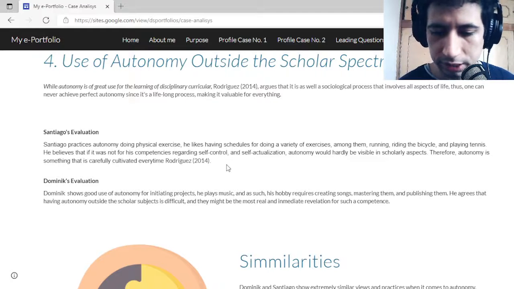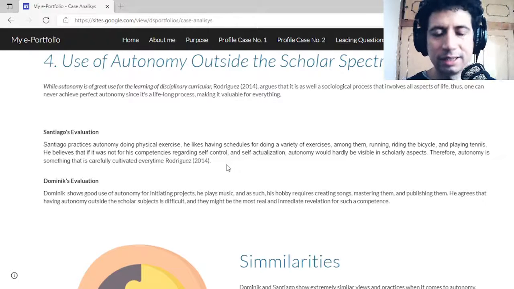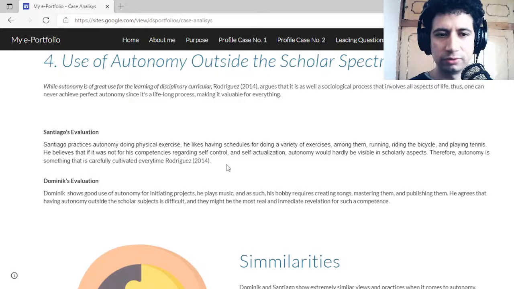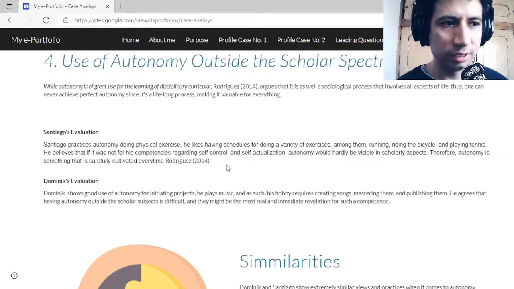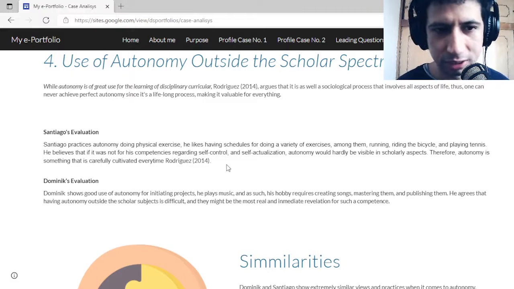Now, in regards to the portfolio, whether I found it useful or not for the language learning of autonomy, I think it was a nice experience. I learned a lot of things from my parallel case, which was Dominik. And also Dominik told me that he started applying a lot of things from the conversations that we had.